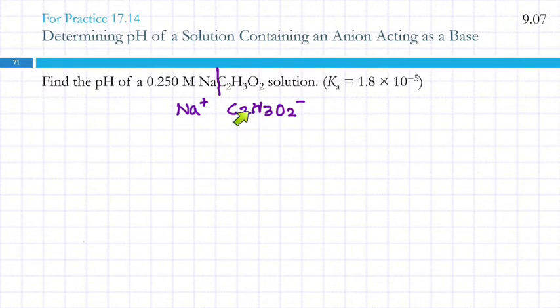What is this the conjugate base of? What is its related acid? Acetic acid, HC2H3O2, which is a weak acid, right? So this is a conjugate acid-base pair. So this guy is going to act as a base. So we're going to write a chemical equation showing how that acts as a base.